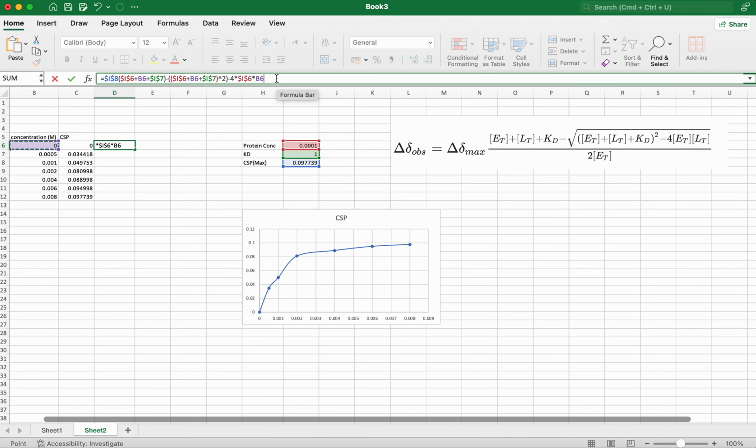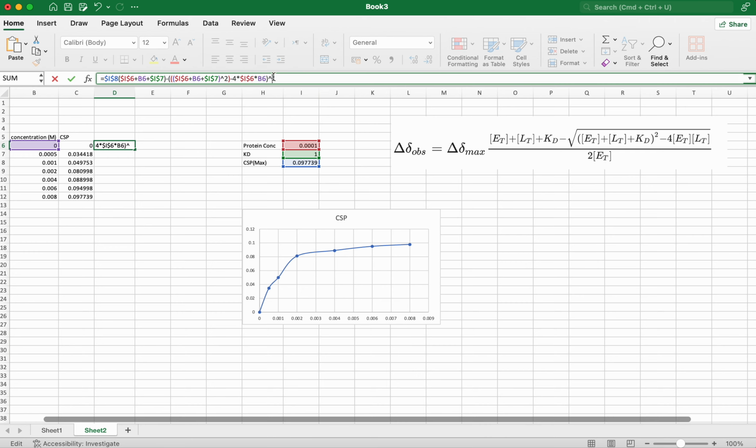This is variable, right? So this whole term is under the square root. So I bracket here and close this whole term. The first term is under the square, so it's here. Then minus 4 protein concentration and ligand concentration, and everything is under the square root.